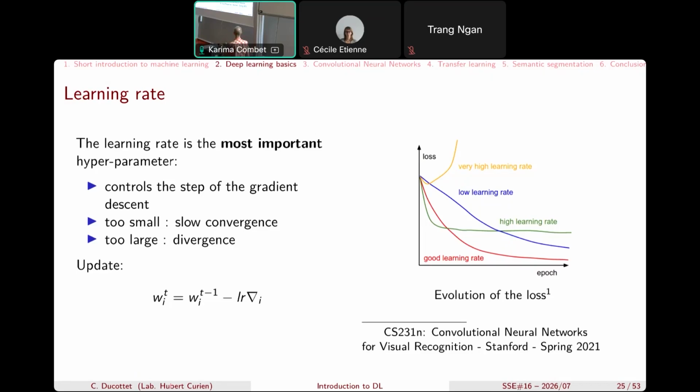So a common strategy is to change slightly the learning rate during the training to be able to avoid this kind of saturation. And the right curve could be something like that, where you have this kind of learning. It's not very easy to determine, but there are some strategies. I will not go too much into the details. There are some optimization algorithms that could give you the right learning rate.